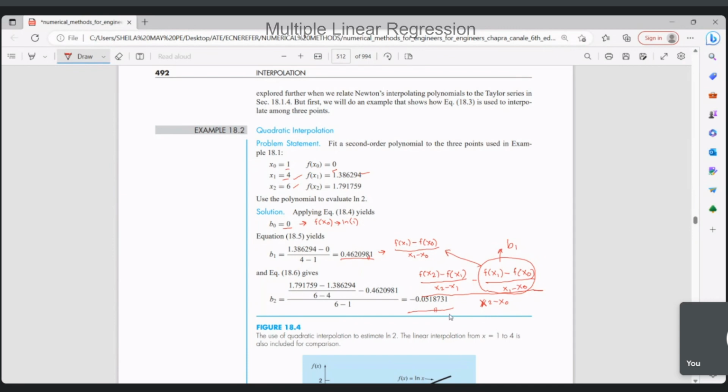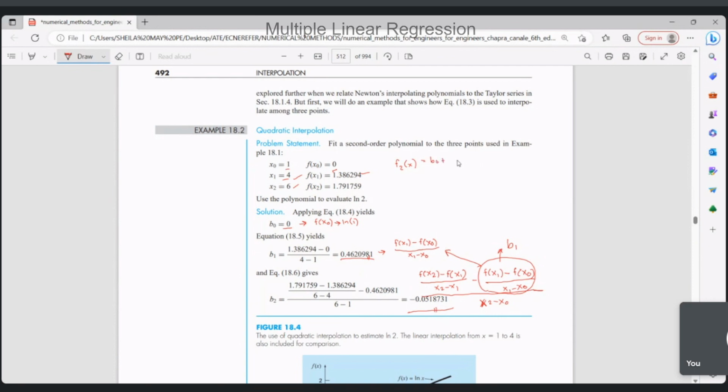And since naa naman tay B1, B0, and B2, we can have the function of F2 of our X. Di ba naman tayo formula sa atong F2 of X? So, ito nga formula. Di ba?